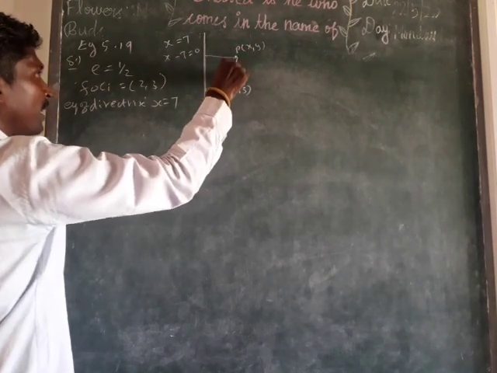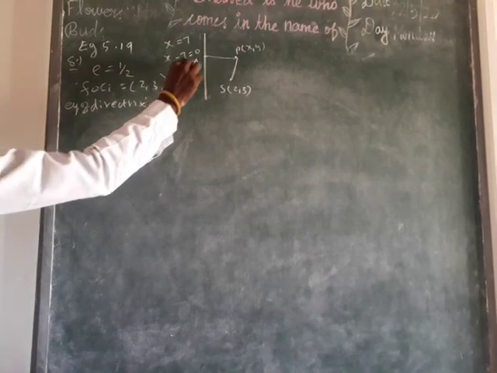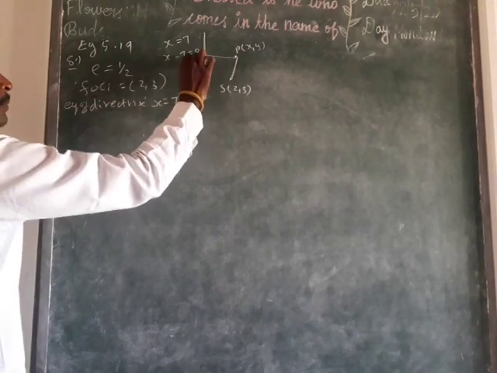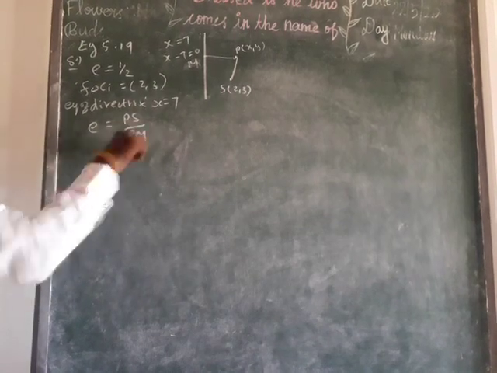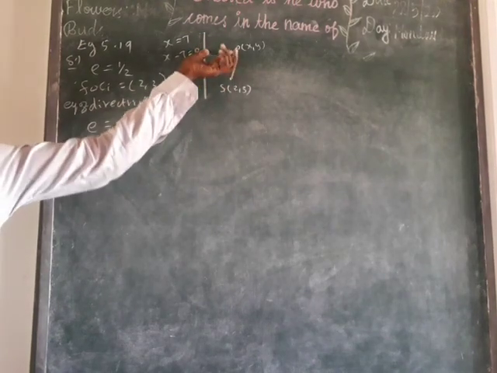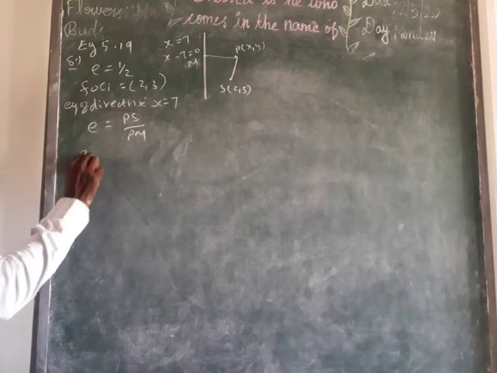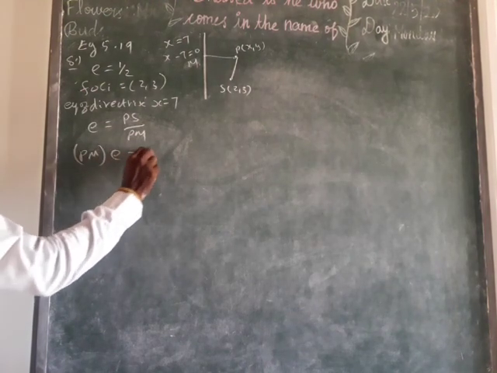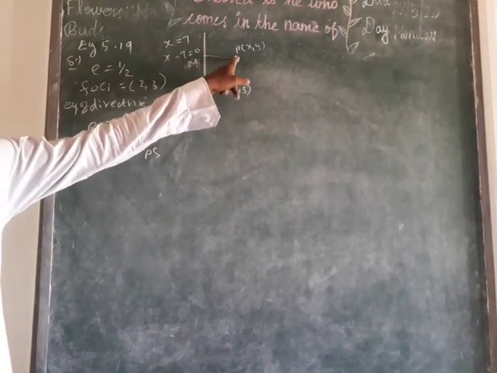The ratio of the distance between the point and the focus to the distance between the point and the line is equal to e. Take the foot of the perpendicular as M. Then e equals BS by BM. Now cross multiply: BM times e equals BS. What is BM? It is the distance between the point and the line.